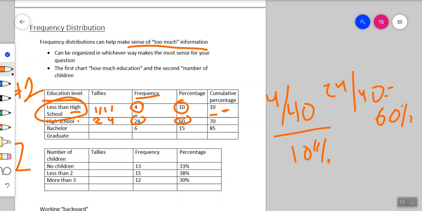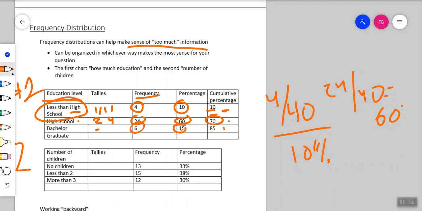So that goes there. Here's where the cumulative percentage gets interesting. Like I said, this category is everything that came before it. So it's 60% in this category, plus the 10% in the category before. So your grand total is 70. So the cumulative percentage is 70%. Same thing with bachelor. If you went up, you would count 6 in your frequency. Percentage is 15. And again, cumulative percentage is taking this category plus everything that came before it.